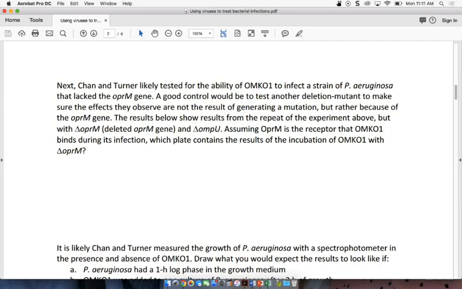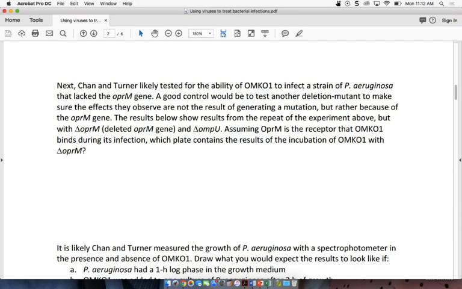A good control would be to test another deletion mutant to make sure that the effects they observe are not the result of generating a mutation, but rather because of the OPRM gene itself. So, what I want you guys to do is envision what these results would look like. Would the phage be able to infect wild-type Pseudomonas aeruginosa, one that lacks the OPRM gene, and then one that lacks another gene known as, I think it's OPRU, is that right?